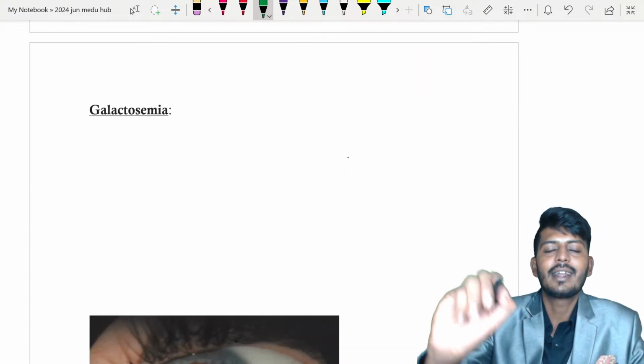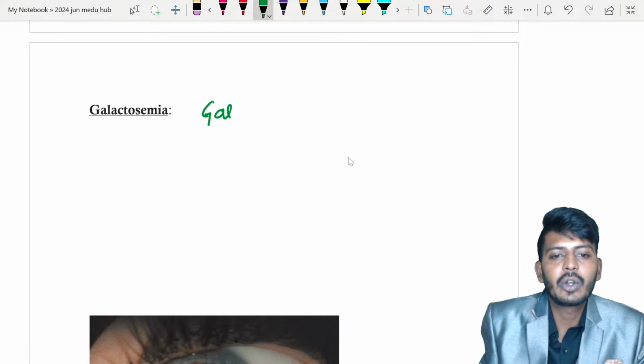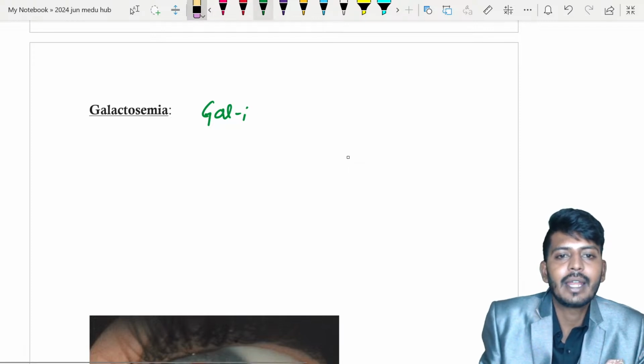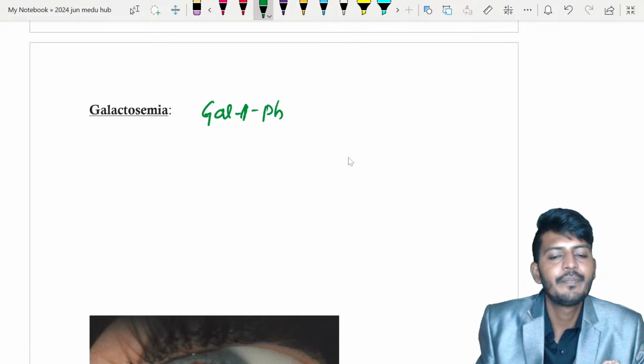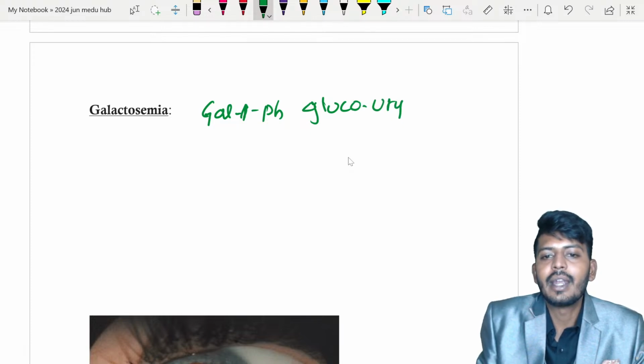Galactosemia occurs as a result of one enzyme deficiency. The name is called galactose 1-phosphate uridyl transferase.